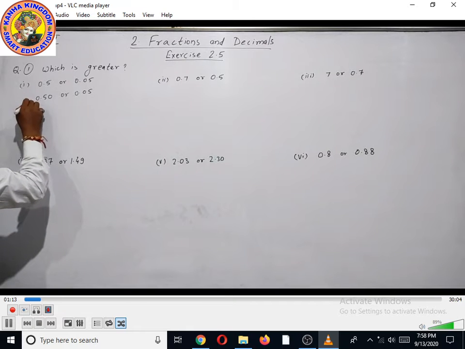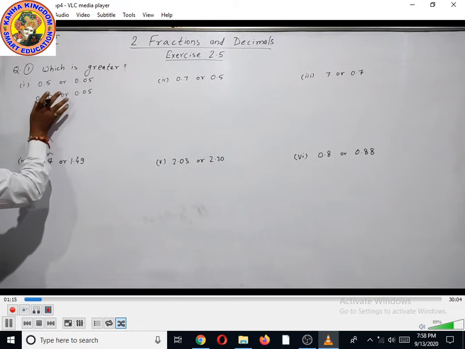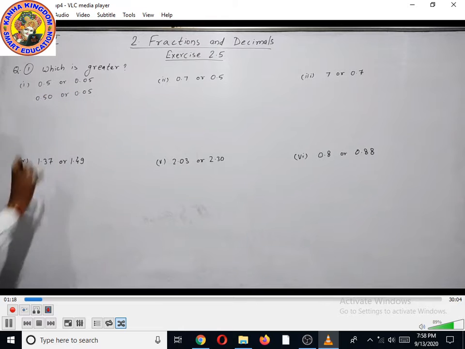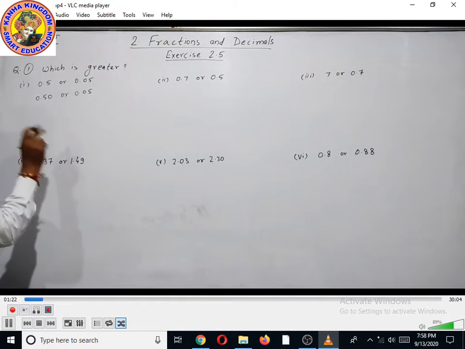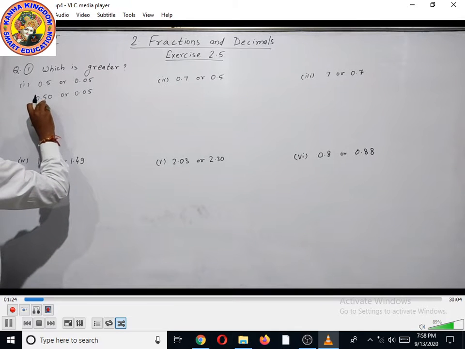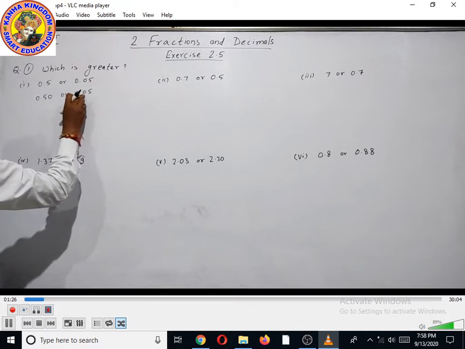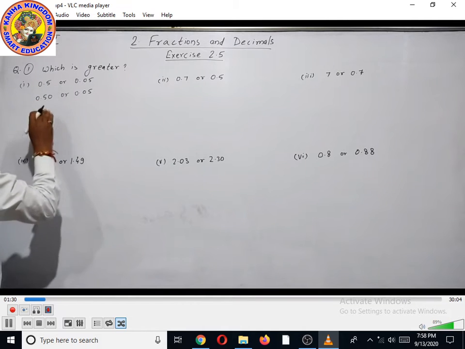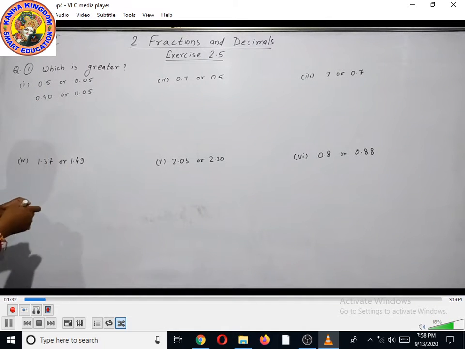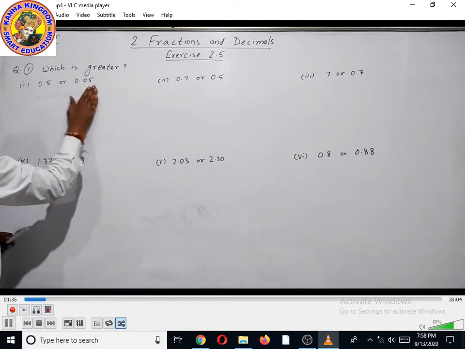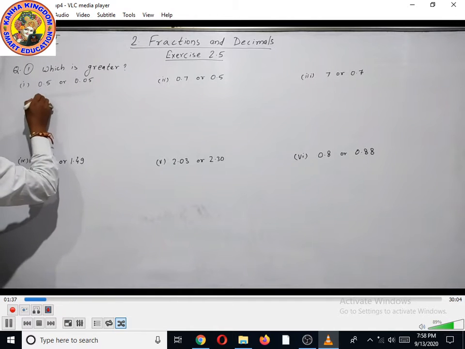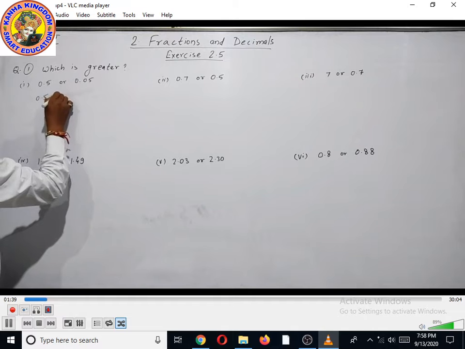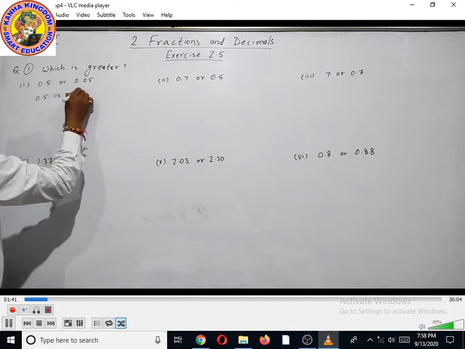In this, the integer part is 0 and 0, equal. Now we compare the decimal part. Here it is 5, and here it is 0, so 5 is greater. So directly you can say that 0.5 is greater.